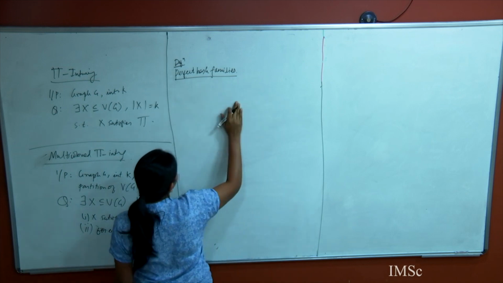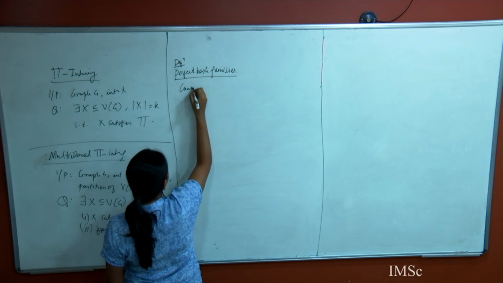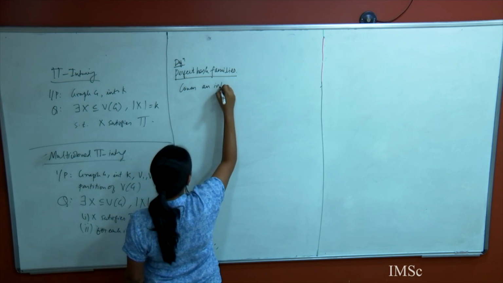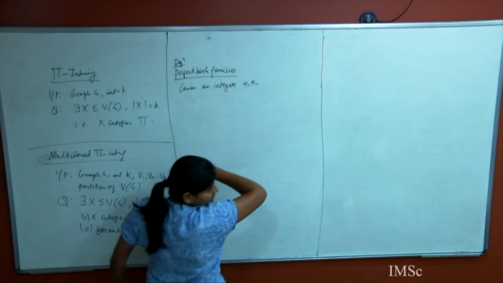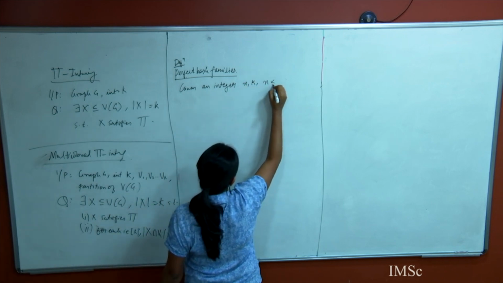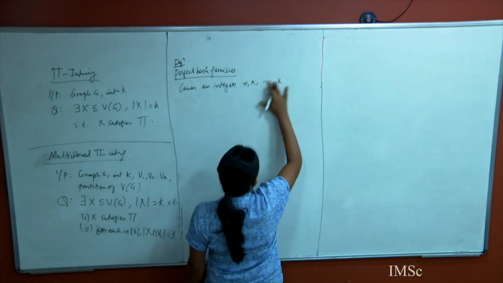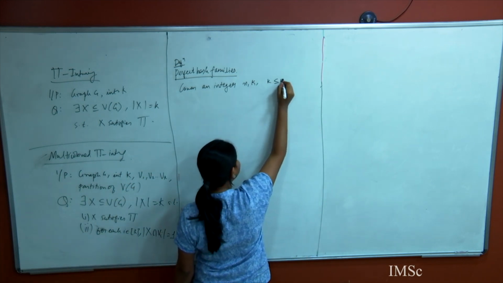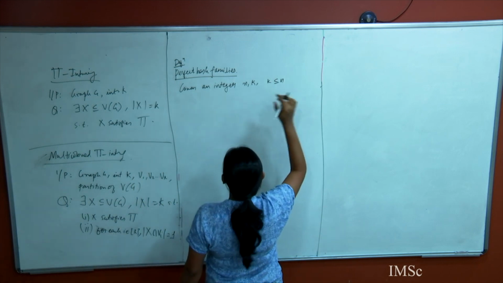So what is the input first, you have to tell me, right? Given integers n comma k, we'll assume k is at most n for simplicity.